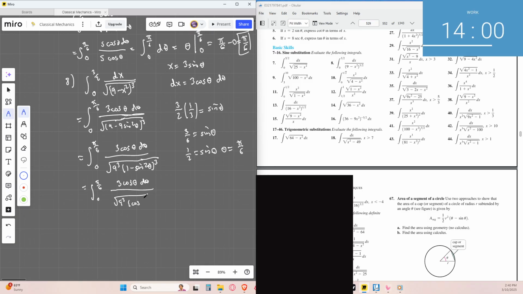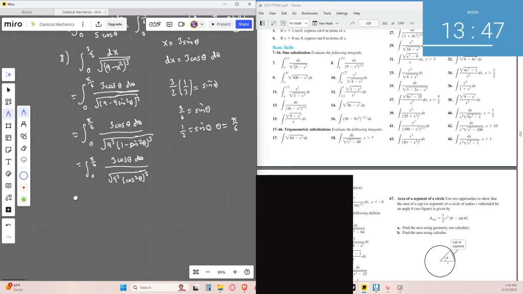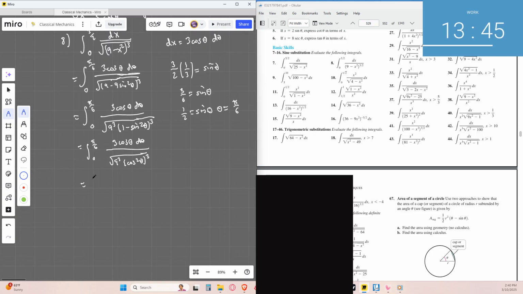And we're left with cosine to the second to the third. Which means we can split them. So we'll be left with 3, the square root of 3.